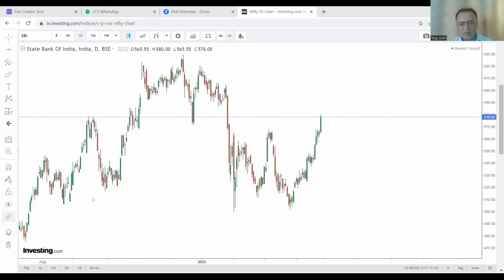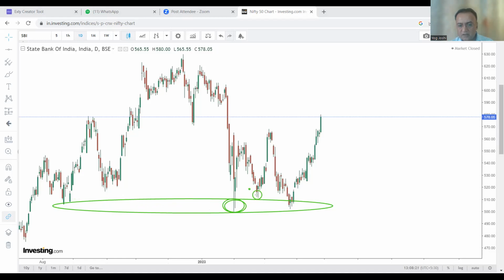Why demand zone? Because whenever price came here, it clearly bounced back. Whenever price came in this area, it once again bounced back. Whenever price came near this area, it bounced back.